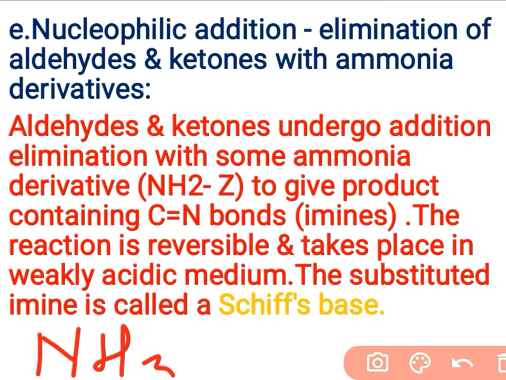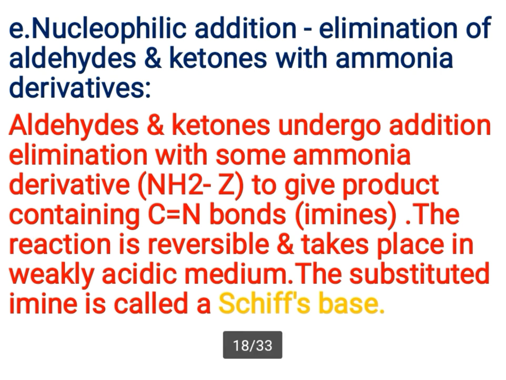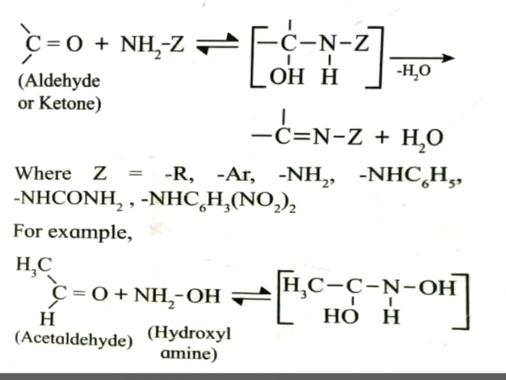If I replace H of this ammonia by any other group Z, NH2Z, this type of form is known as ammonia derivative. Okay, so here it reacts with aldehyde or ketone. This is the reaction.